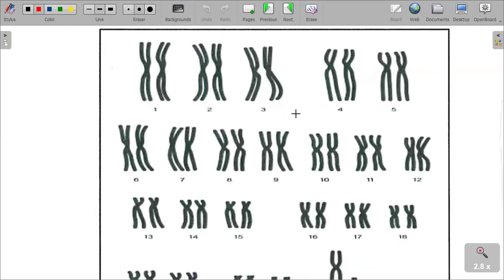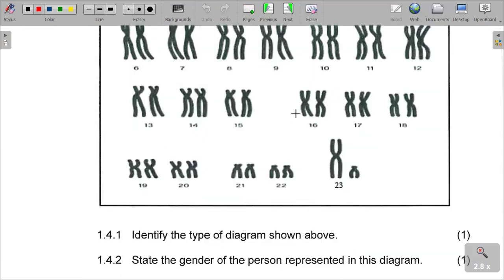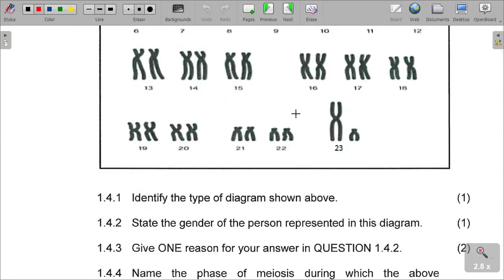The diagram below represents the chromosomes of a human somatic cell. We are given the karyotype from 1 to 23. Identify the type of diagram shown above. It is the karyotype. State the gender of the person represented in the diagram.